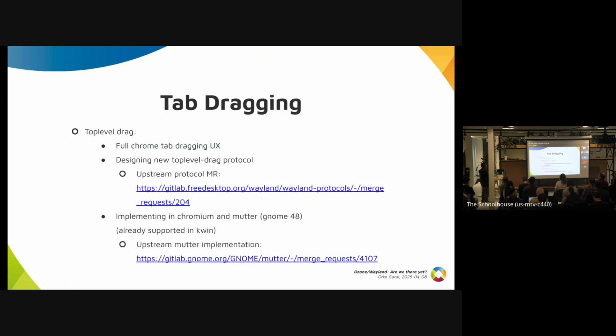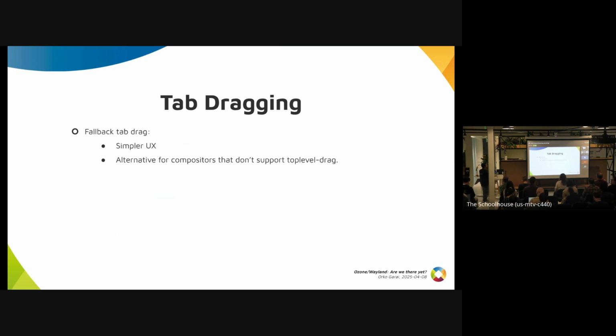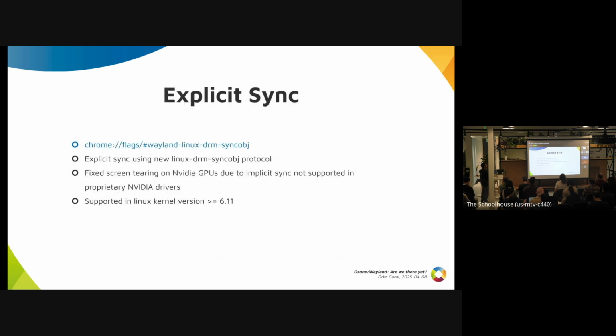We have full Chrome tab dragging UX support via a top-level drag protocol, which we upstreamed in addition to implementations in Mutter and Chromium. And so now it's working in GNOME 48 and KDE. We also have a tab dragging UX for a simpler UX for alternative compositors that don't support top-level drag.